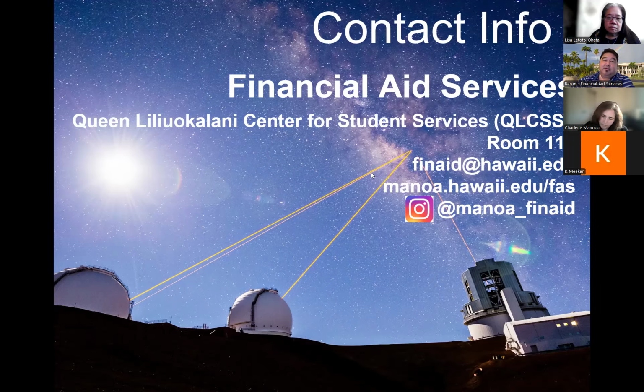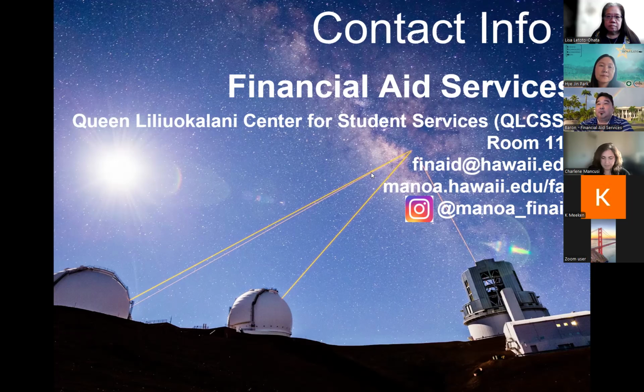As for the Manoa Opportunity Grant, the max is 5,500, or 2,500 per semester. And that too is limited to whatever allocation we're given. So once again, you want to make sure that the FAFSA application is completed as soon as possible when it's available from October 1st moving forward.